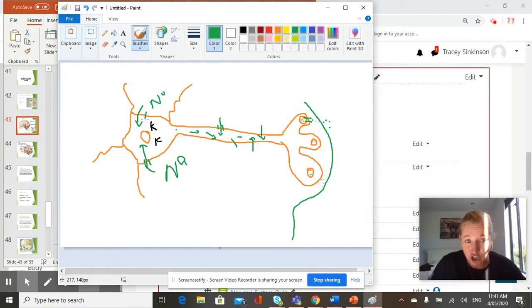The cell body gets this message and channels will open up so sodium can get into the cell body. When sodium is in the cell body, it makes that neuron positive and it wants to send a signal down the axon terminal. It's called an action potential.